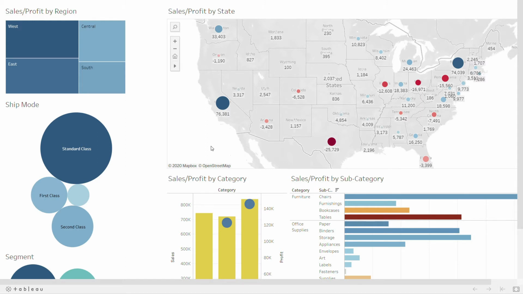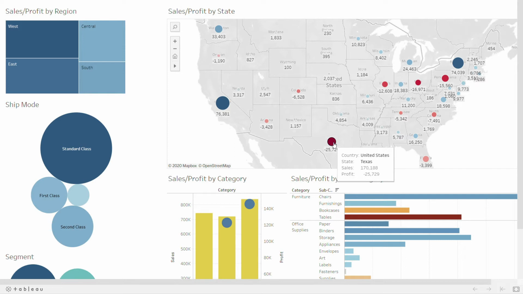Here the size of the circle is representing sales. We can see that California has 457,000 in sales, while New York has 310,000 and Texas has 170,000, while the color of these circles is representing the profit or loss. Red circles will represent loss.